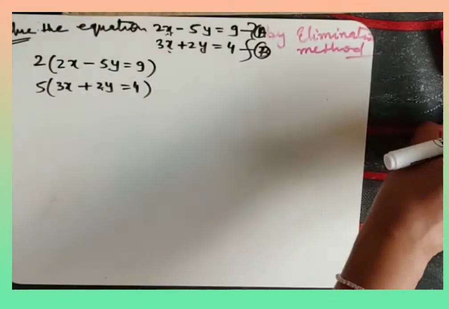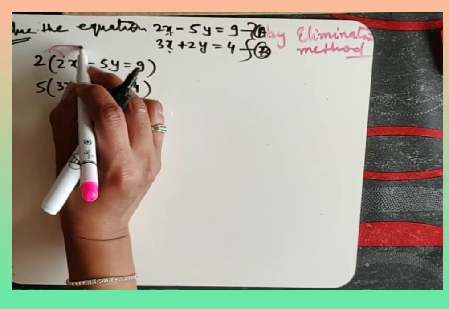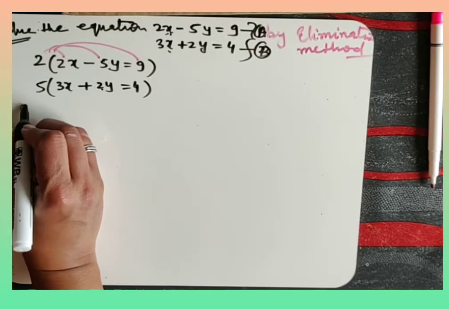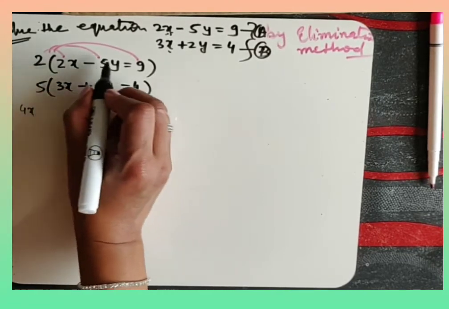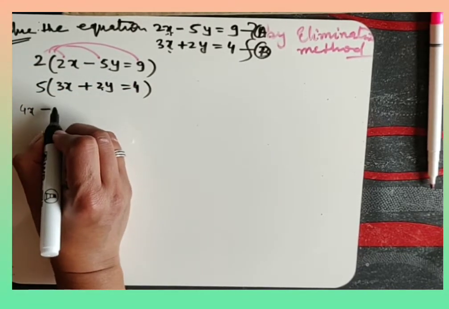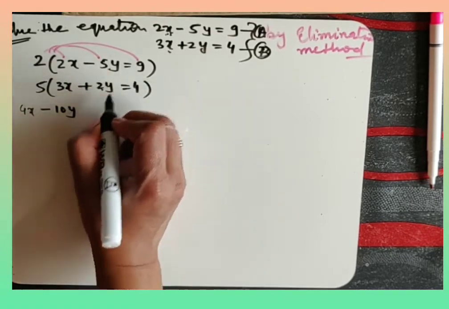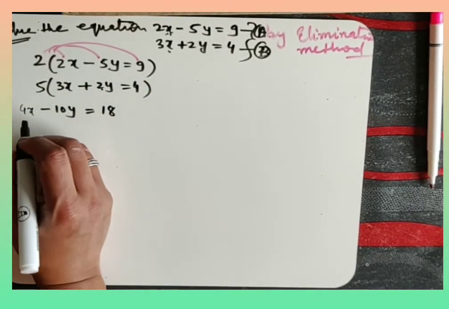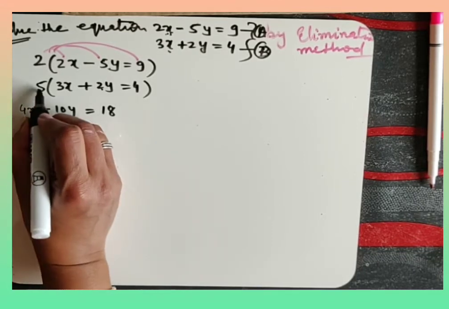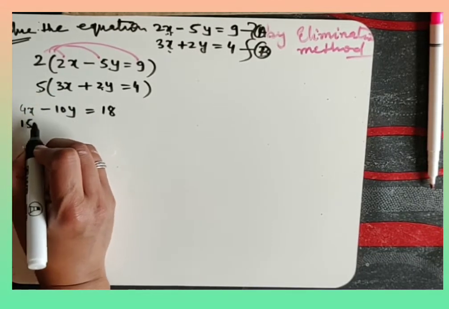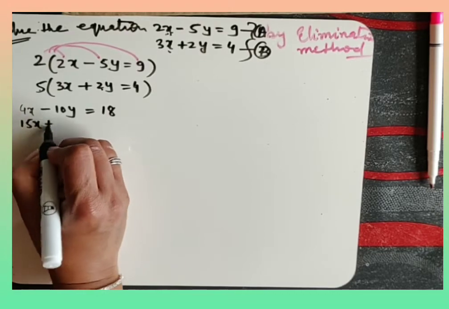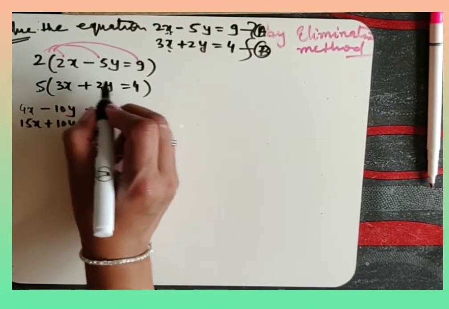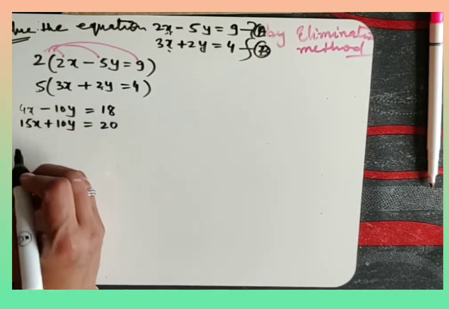Now multiply and open the bracket. 2 multiplied by 2x is 4x, then 2 multiplied by minus 5y is minus 10y, equal to 2 multiplied by 9 is 18. Now 5 multiplied by 3x is 15x, and plus 5 multiplied by 2y is 10y, equal to 5 multiplied by 4 is 20.